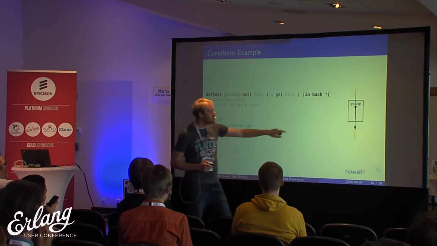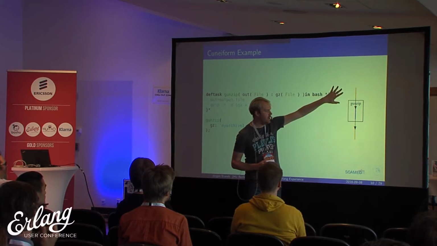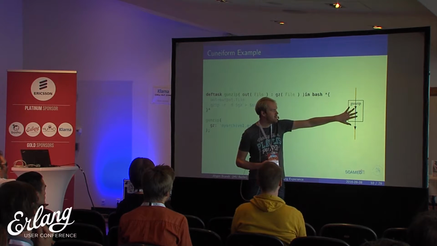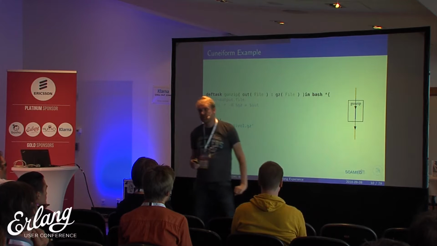And what is done is, in this kind of graph, you see that you have here an input file. An operator is called on that, and an output file is produced.